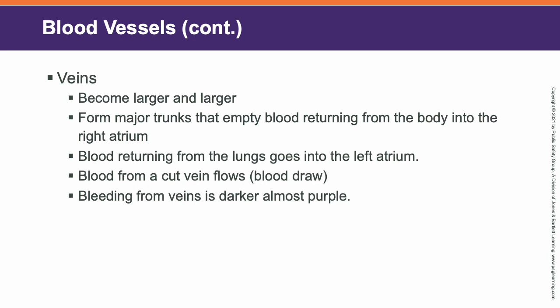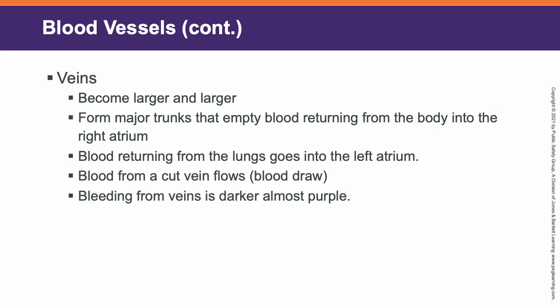The other major vein that you should probably be familiar with is called the pulmonary vein. That is the only vein that carries oxygenated blood because it carries blood back from the lungs to the heart. Okay, so with veins and with arteries, the rule is always the same.